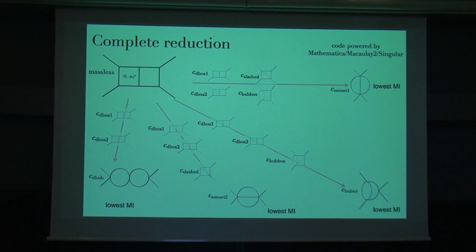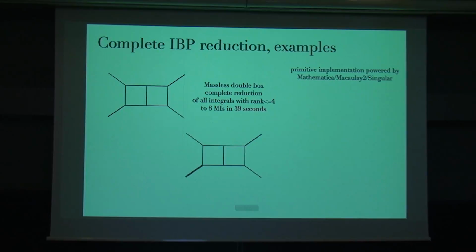Okay. So here is some timing for this algorithm by doing this kind of complete reduction. We can do the double box diagram, the massless case. Suppose we have some kind of numerator with a rank up to 4, we can reduce all these kinds of numerators, all of them at once, to the 8 master integrals in only 39 seconds.